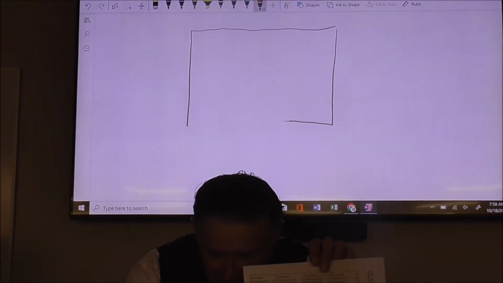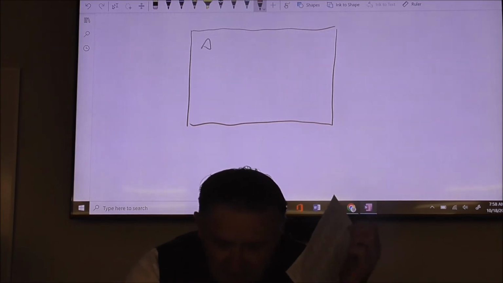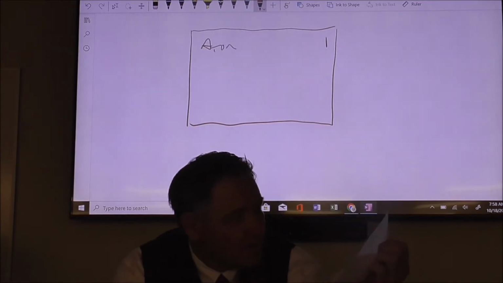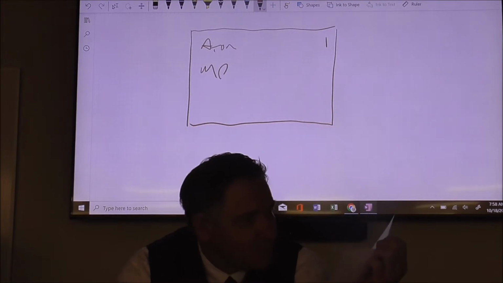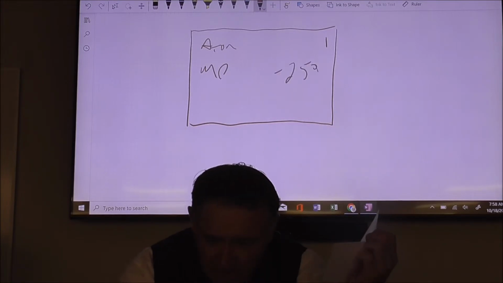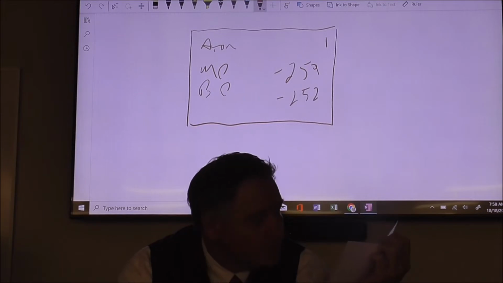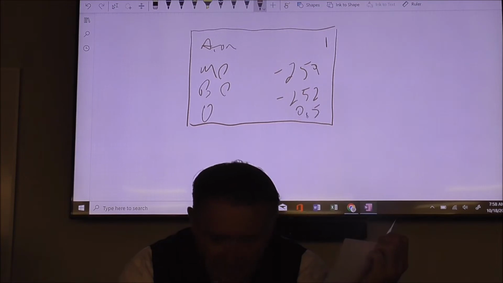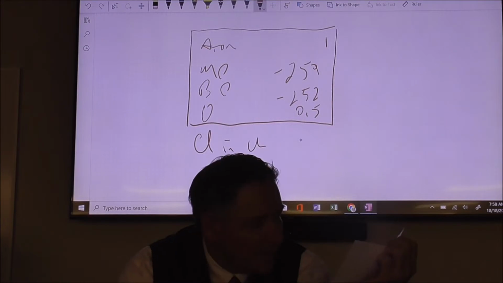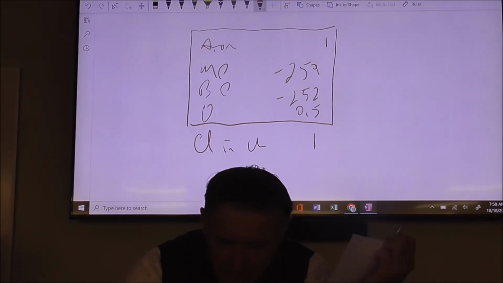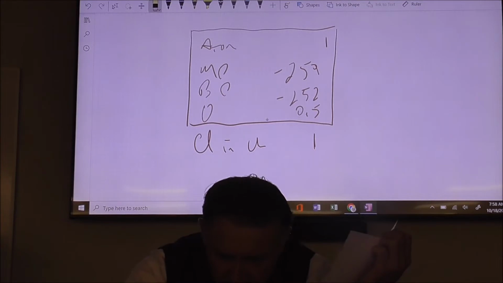You're going to cut out a square, and you're going to have atomic mass, which is 1, like in this one, melting point, negative 259, boiling point, negative 252, O in oxide, 0.5, and then Cl in chloride, 1. Okay? So this is what you're going to do.